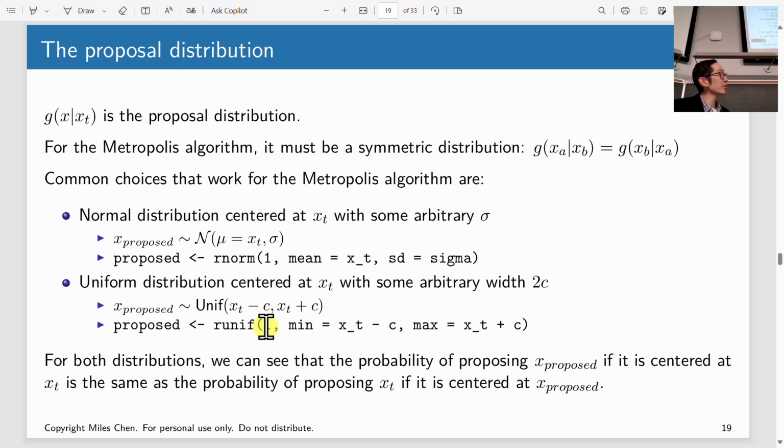I just want one of those values, and the lower bound and the upper bound are given by our current location minus c and our current location plus c, okay? And the normal distribution is symmetric, the uniform distribution is symmetric, so this satisfies the symmetric distribution requirement.